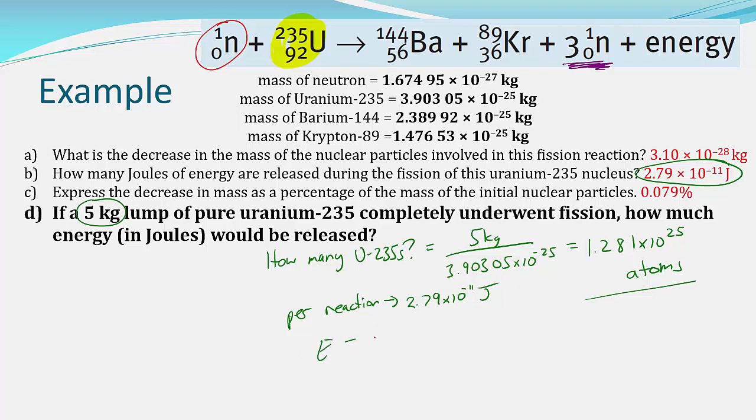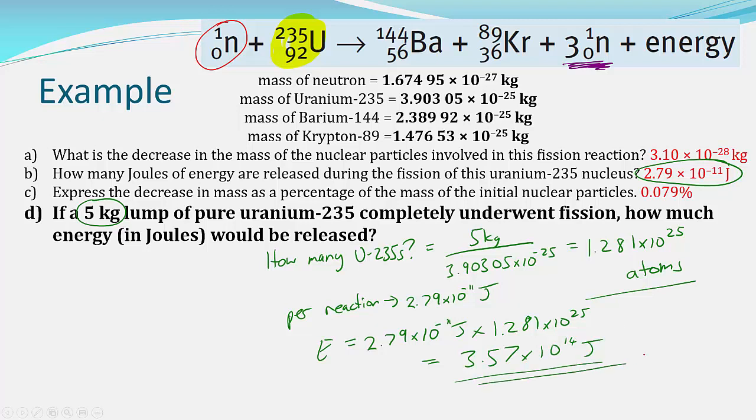The energy is going to be that number multiplied by the number of reactions that take place. Put that in your calculator, and you should get 3.57 times 10 to the 14 joules. I'm sure you would agree that is a massive number, considering we're only using 5 kilograms of fuel.